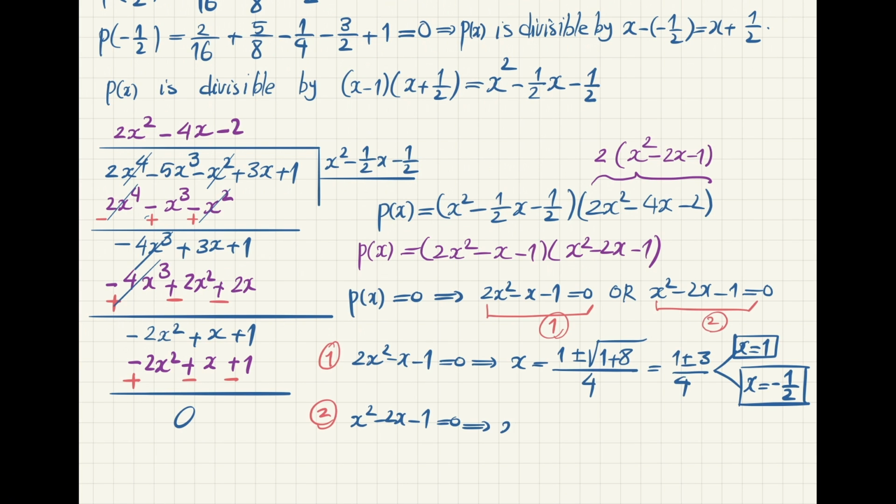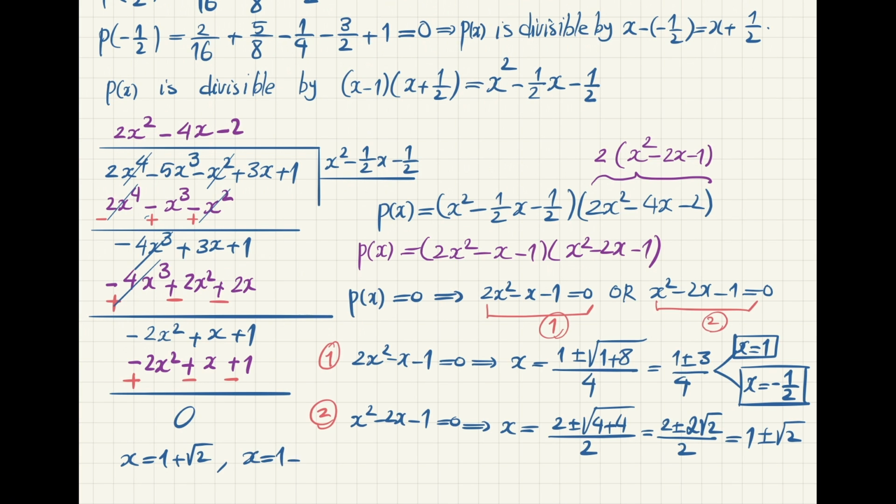So what I can do, I can use the ABC formula again. Plus 4, divided by 2. So this becomes 2 plus and minus the square root of 8, which can be written as 2 square root of 2, divided by 2. So if I factor 2 out and divide, this becomes 1 plus and minus the square root of 2. So there are two more roots, 1 plus square root of 2, 1 minus square root of 2.